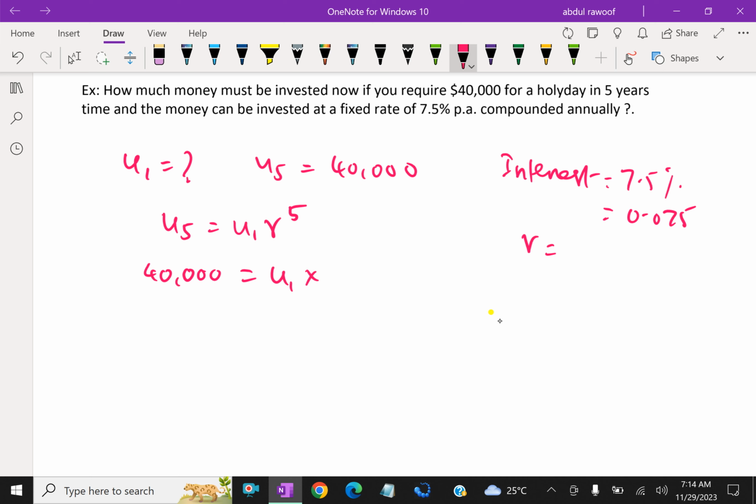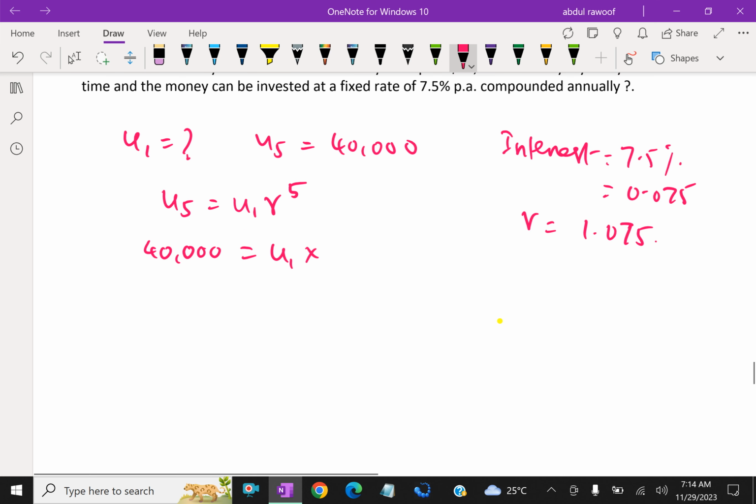Therefore, the multiplier is 1.075, that is 1 plus the interest, raised to the power 5.